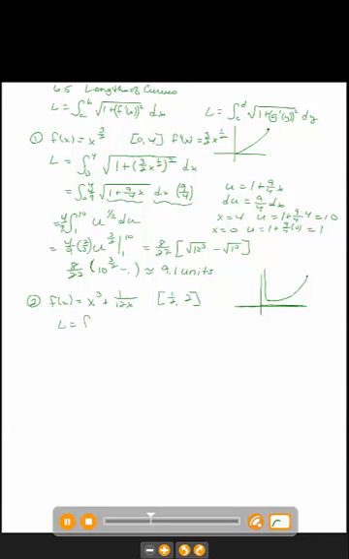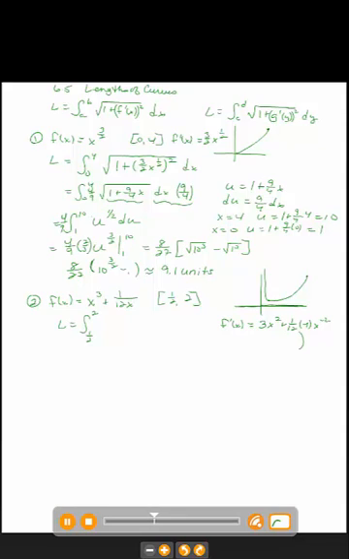So the length is going to be the integral from 1 half to 2. Oh, I need a derivative. The derivative is going to be 3x squared plus 1/12. That's x to the negative 1, so it's going to be negative 1x to the negative 2.